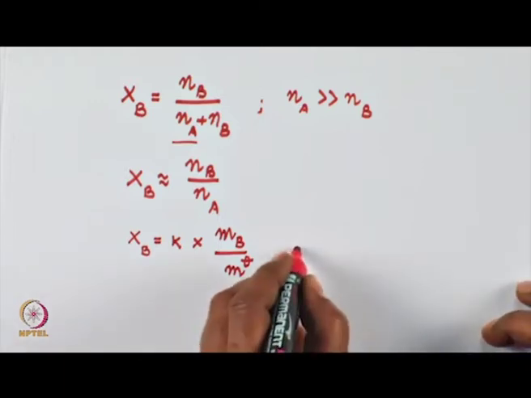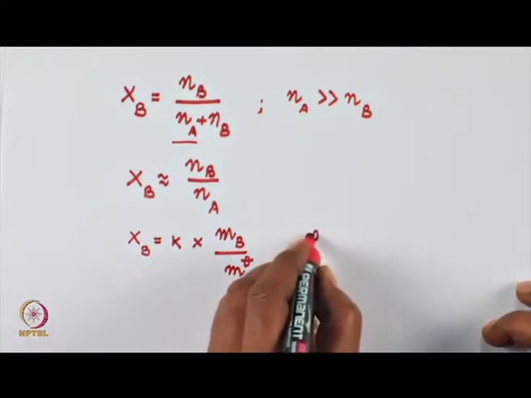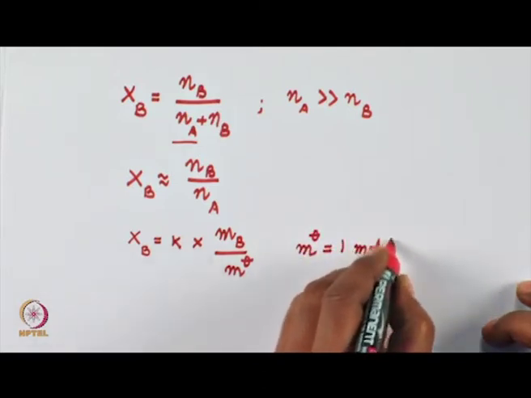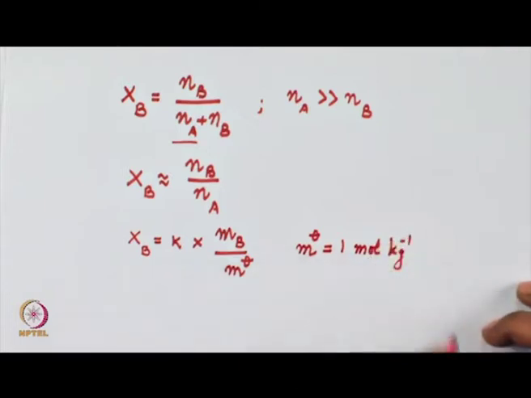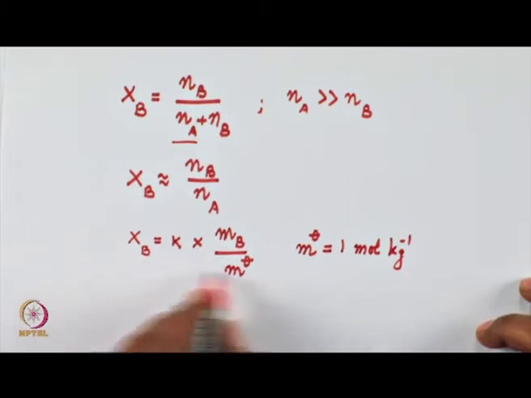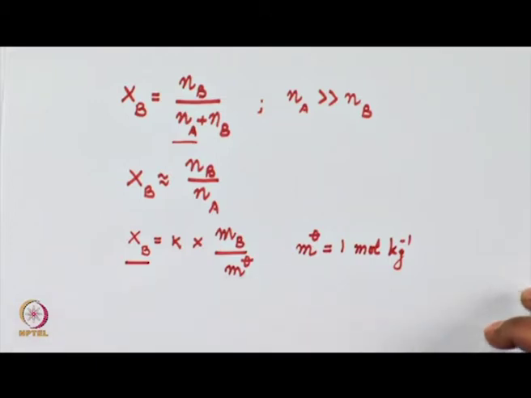Why am I introducing M naught here? M naught is equal to 1 mole per kg. This is introduced to make the overall expression a dimensionless quantity, because mole fraction is a dimensionless quantity, therefore the right hand side also has to be dimensionless.